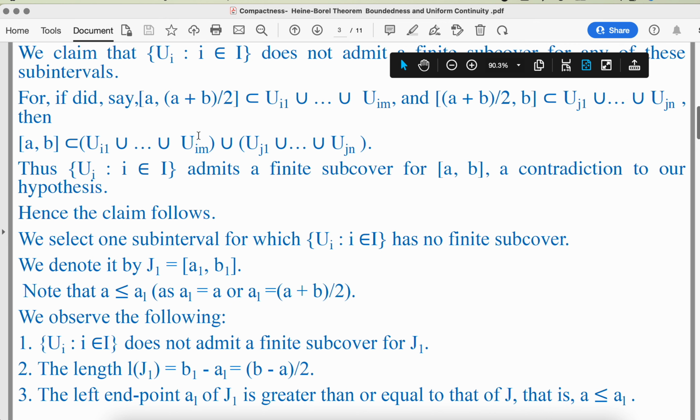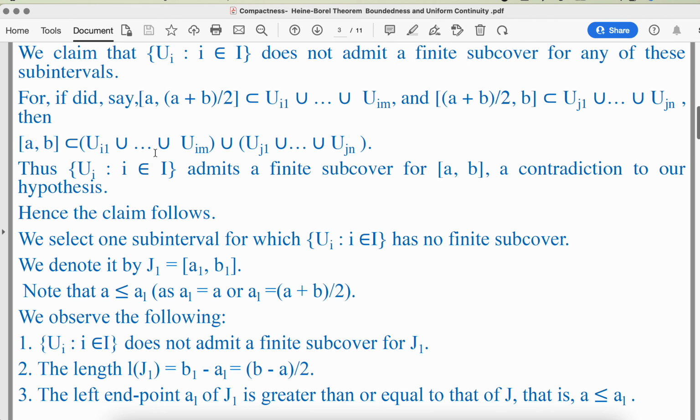Thus this open cover admits a finite subcover for [a, b]. But this is a contradiction to our hypothesis, because we have assumed that this open cover does not admit any finite subcover for interval [a, b]. Hence the claim follows.